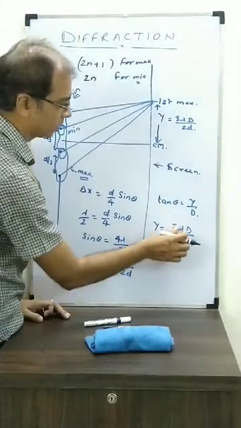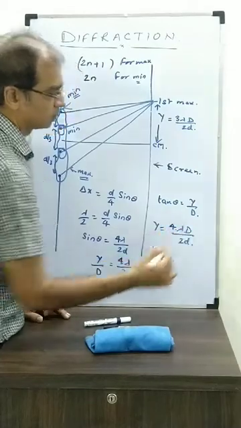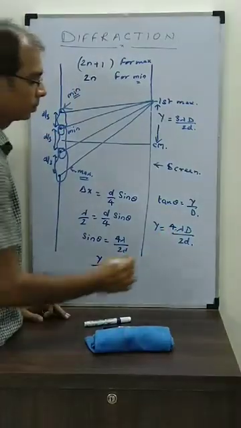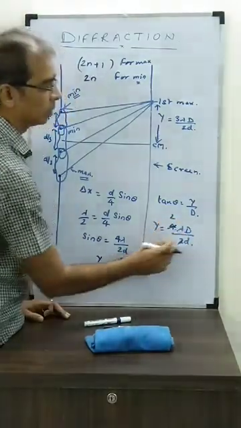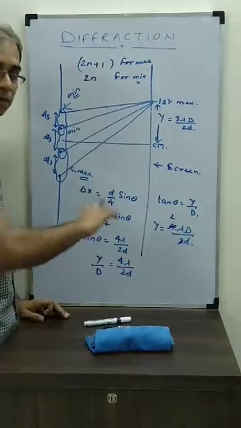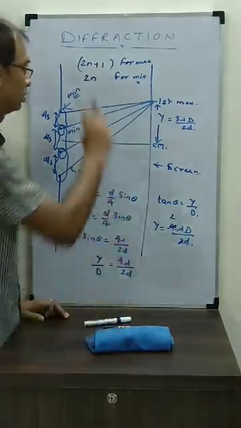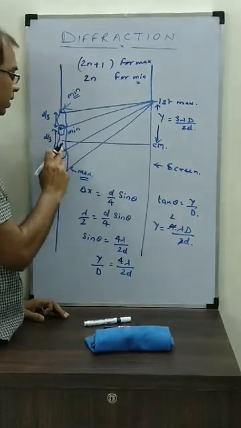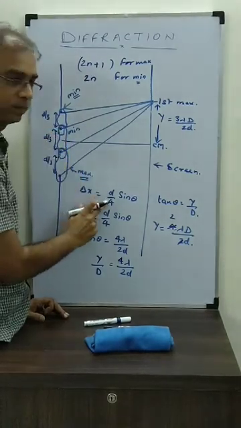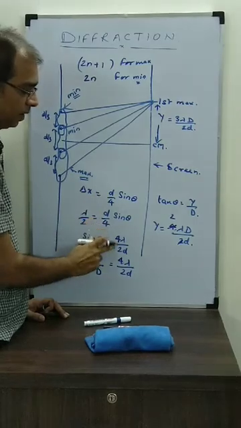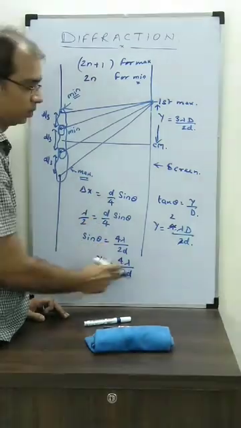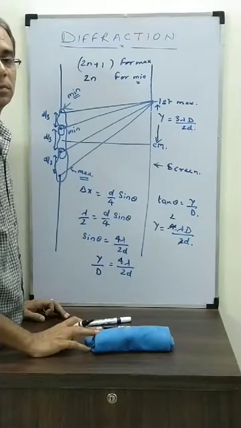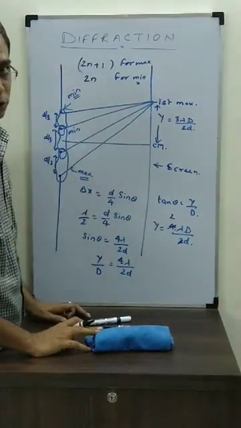So Y is coming as, okay, this is the position of second minima. Now suppose I am going for second maxima, 5 zones. That means d by 5, d by 5, and 5 lambda by 2 in each. This is how we can decide the positions.